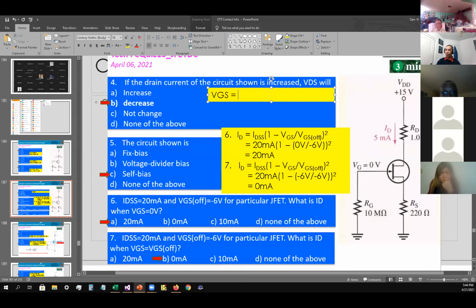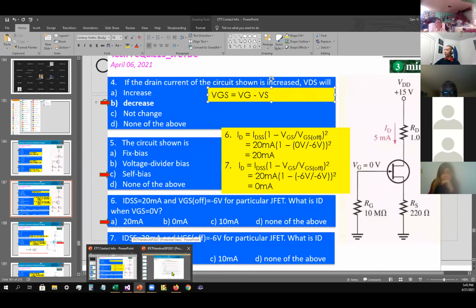Can I explain something? When you increase ID, VD should decrease. Also, ID and IS are equal, and for increasing IS, VS should increase.